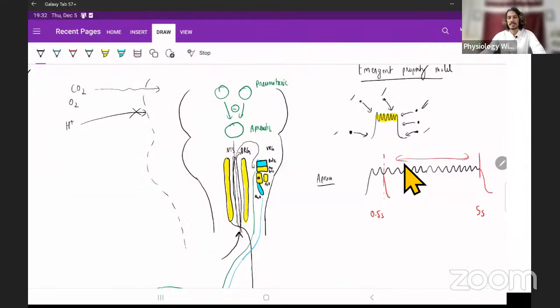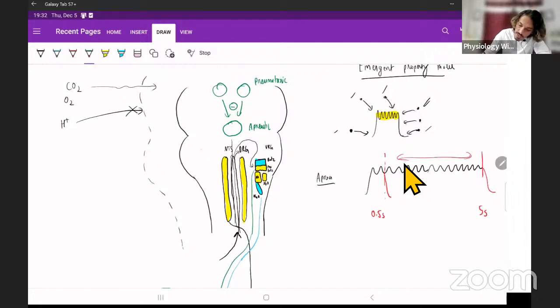Now, your chemoreceptor area is there in the medulla. In the medulla, we have 3 areas ventrolaterally, like this: 1, 2, 3. Okay, the names you don't have to remember.